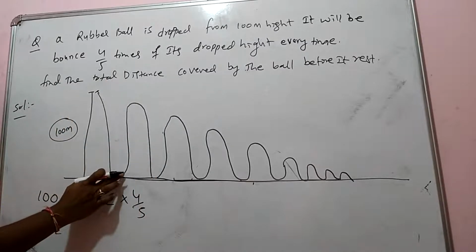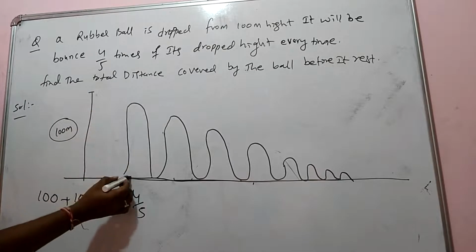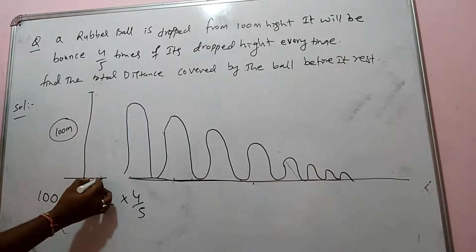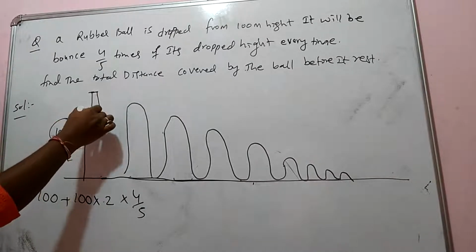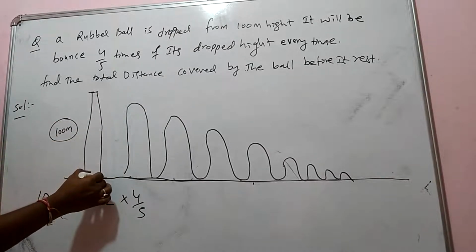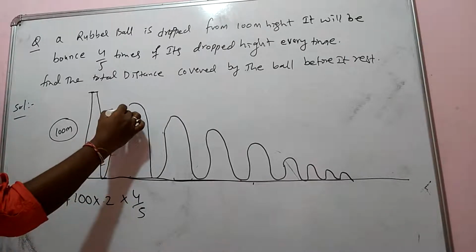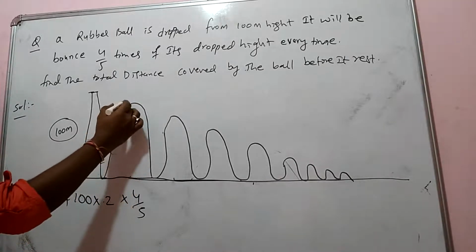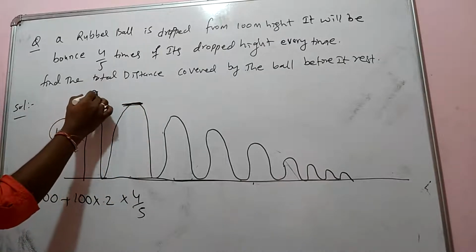I'll make you understand clearly, therefore the problem will be clear. When I drop a ball from here, the first time it is 100 meters high. But the second time, it bounces 4/5 times of the 100.